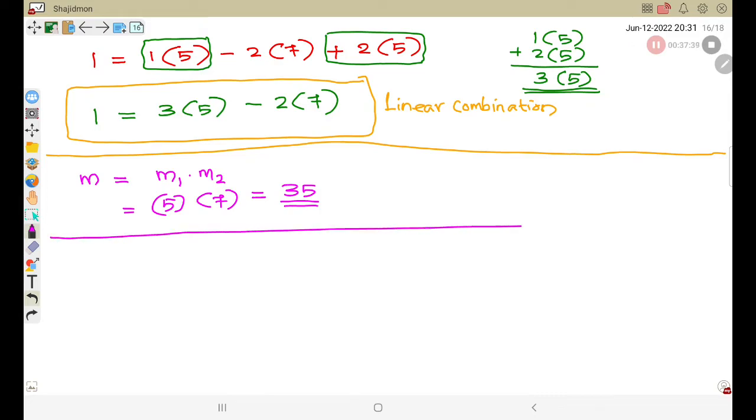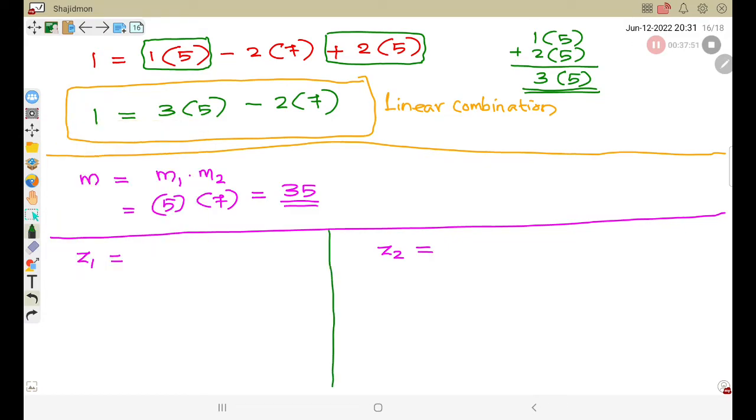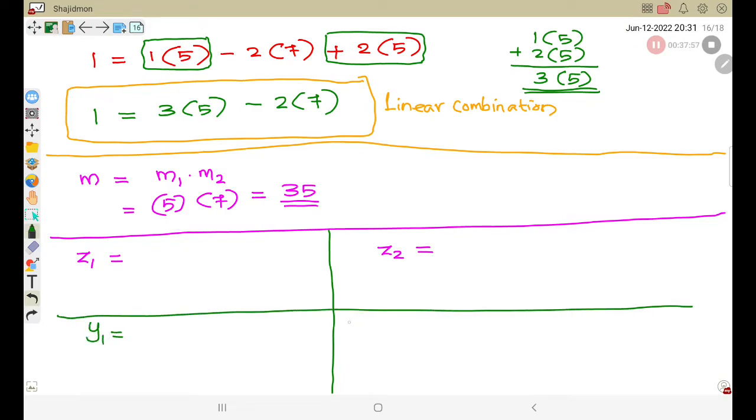Now once we calculated m number, we will go to z1 number and z2 number, correct? Now we are doing these four numbers, z1, z2, after that y1 and y2.